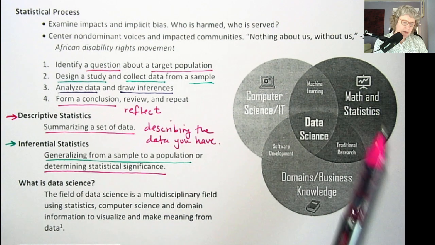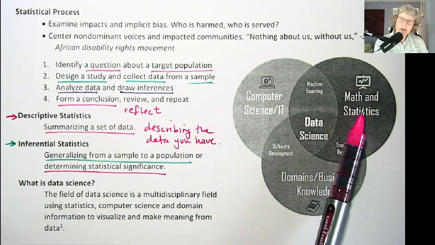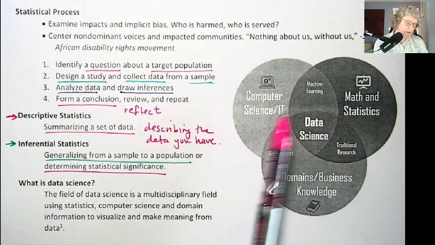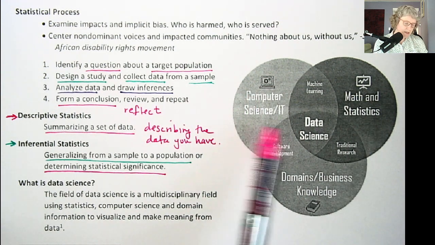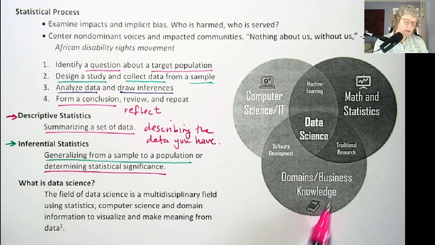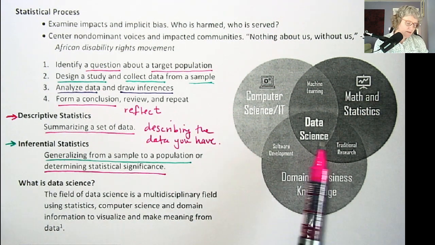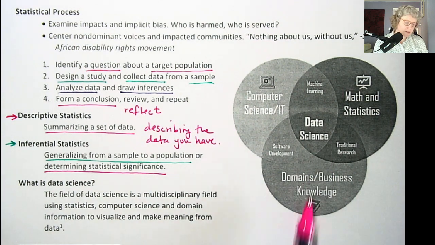So you can see math and statistics is over here, but it's a multidisciplinary field. So it also uses computer science, IT, and then it's applied. These are the domains or business knowledge where it's applied. Like, is it applied to linguistics and words and shapes, or is it applied to a particular business? So data science kind of combines all of these things.